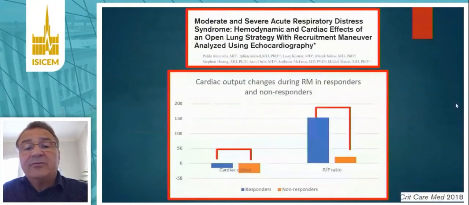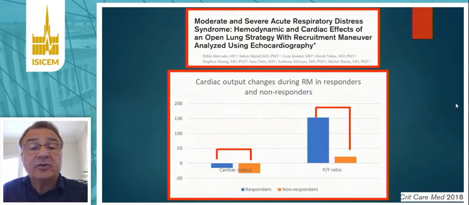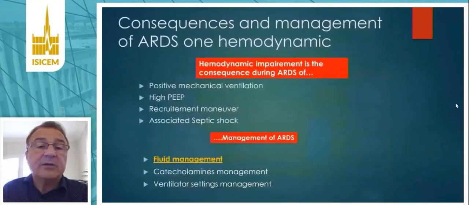And we got exactly the same problem, as you can see here: when the patients are responders to the recruitment maneuver, the PaO2/FiO2 ratio increased dramatically, but the cardiac output does not change.